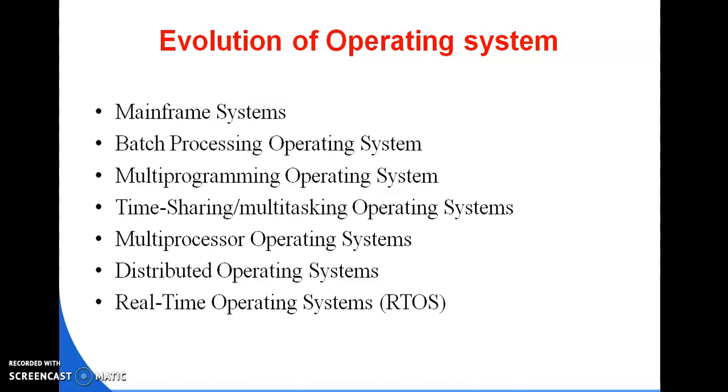A time share operating system allows many users to share the computer simultaneously. Since each action or command in a time share system tends to be short, only a little CPU time is needed for each user. A time share operating system uses CPU scheduling and multi-programming to provide each user with a small portion of a time share computer.